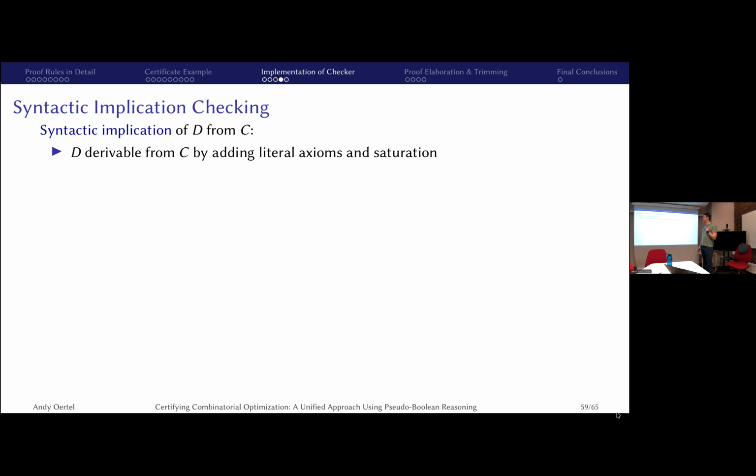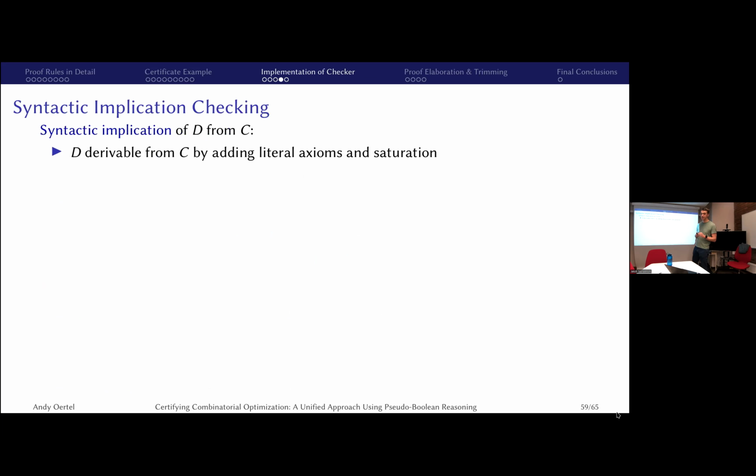The syntactic implication, here's the definition again. Anything that is derivable by adding literal axioms and saturation is syntactically implied.